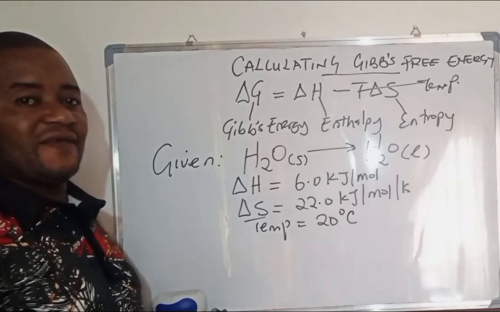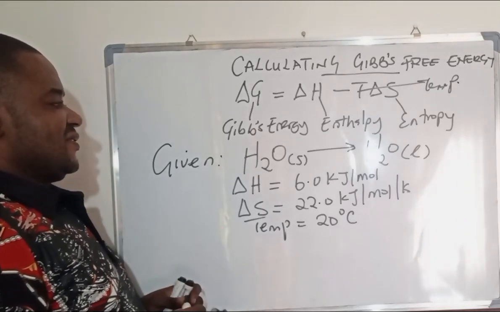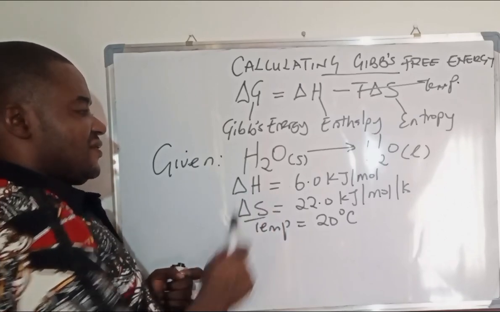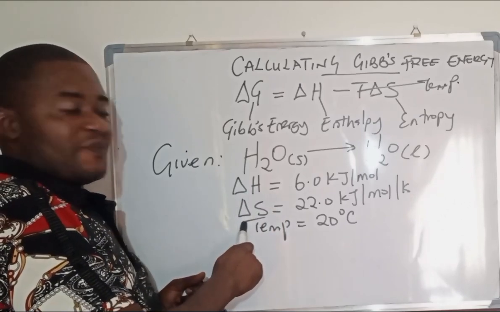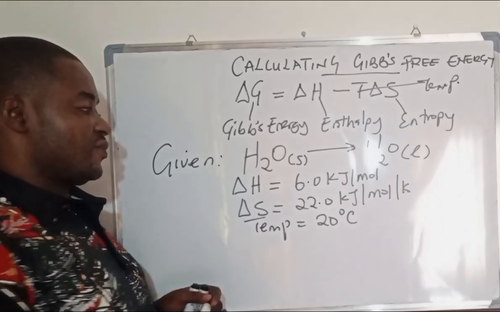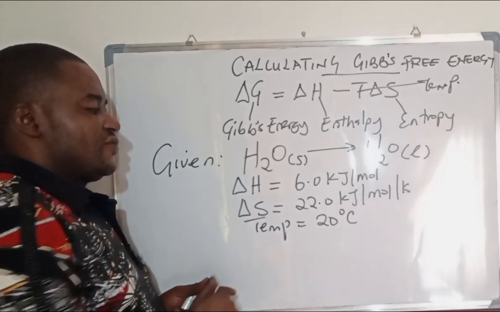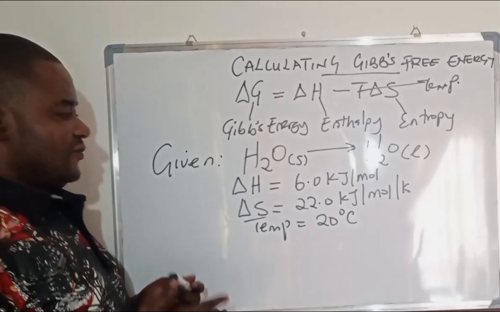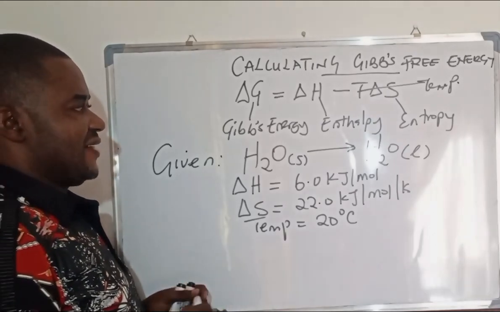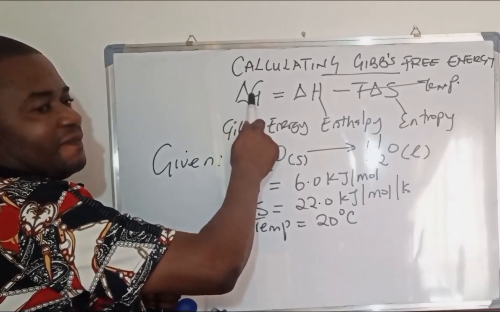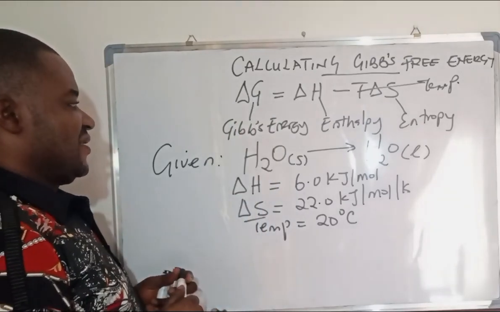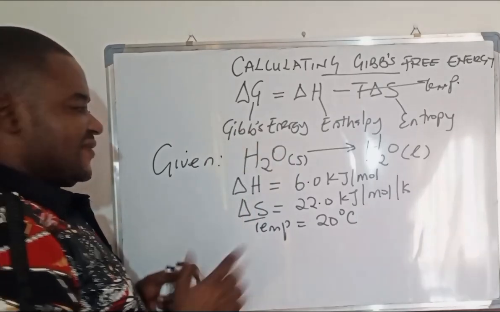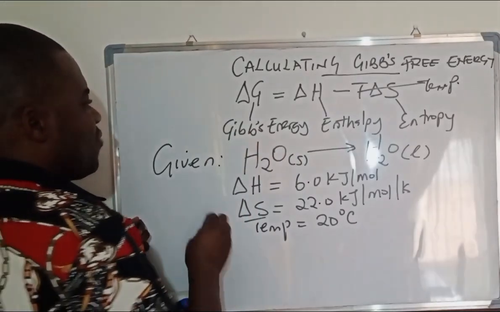So this reaction has a heat of 6 kilojoule per mole, an entropy of 22.0 kilojoule per mole per Kelvin, and a temperature of 20 degrees Celsius. It's important for us to see how we can calculate Gibbs free energy using this equation, so we're going to fit these values into the equation.